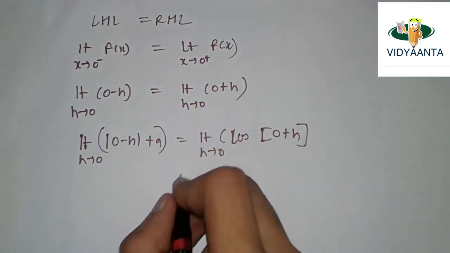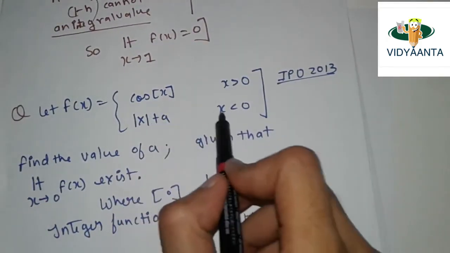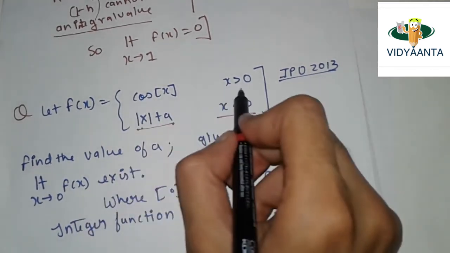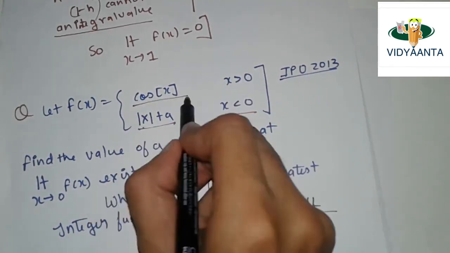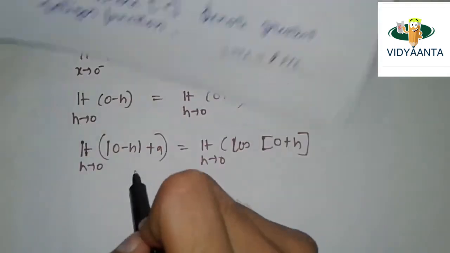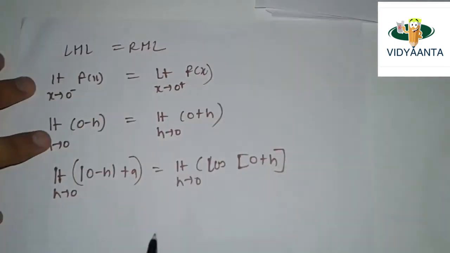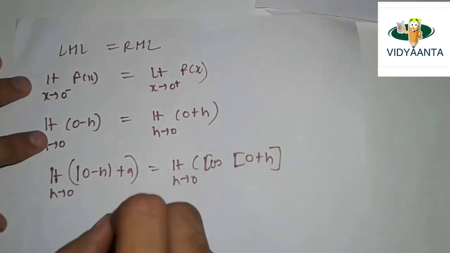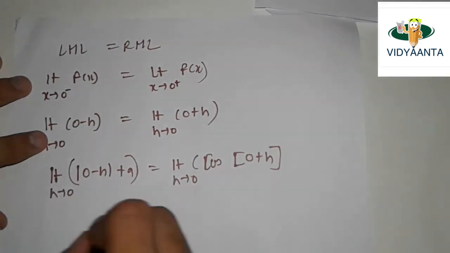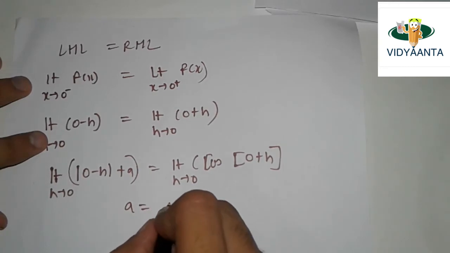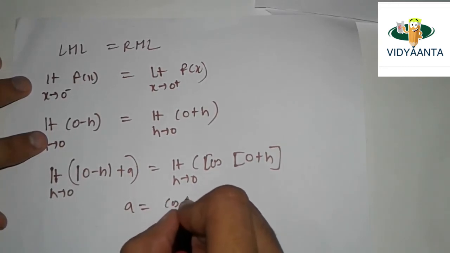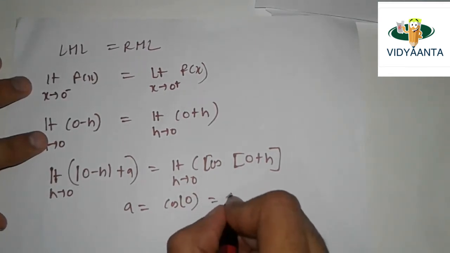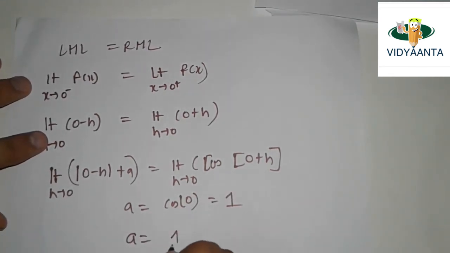As it is mentioned in the question, if its value is less than 0, then it's mod x plus a. When its value is greater than 0, then its value is cos of greatest integer x. So now using the concept of the greatest integer function, we know x tends to 0, so a is equal to cos of 0. Cos of 0 is equal to 1. Hence the value of a is equal to 1.